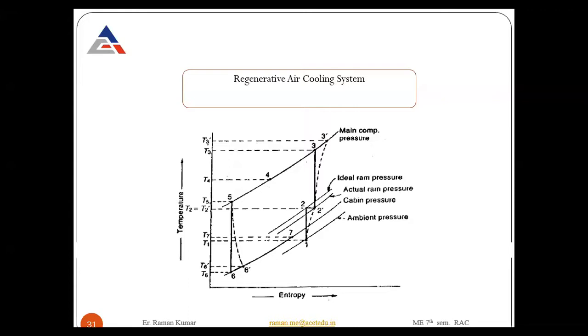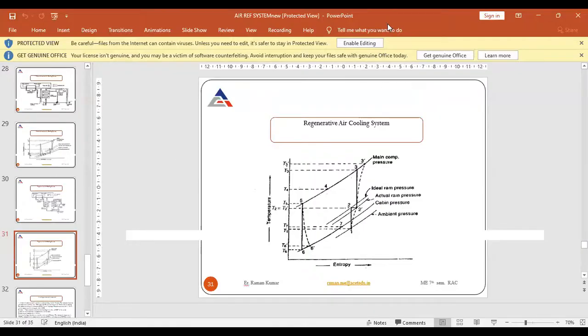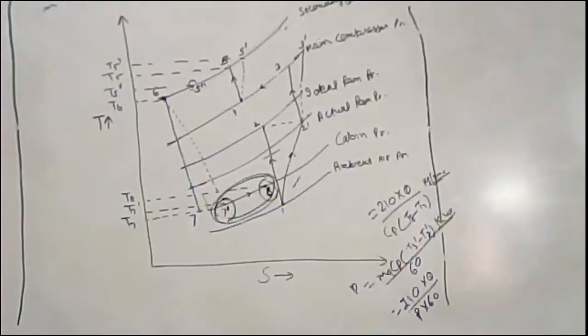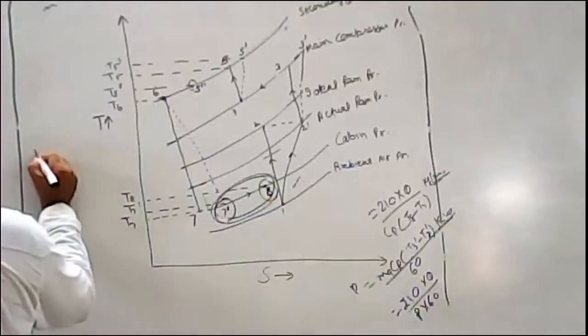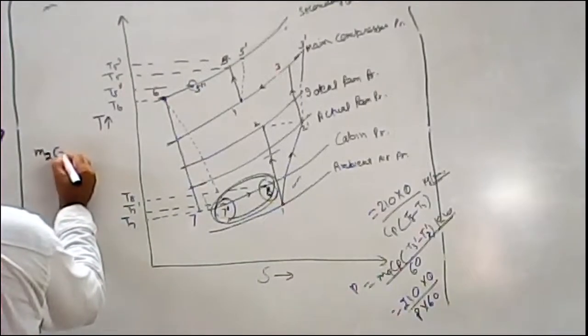So from the energy balance equation, look at here on the blackboard. How much air is passing to the atmosphere with M2 into Cp?